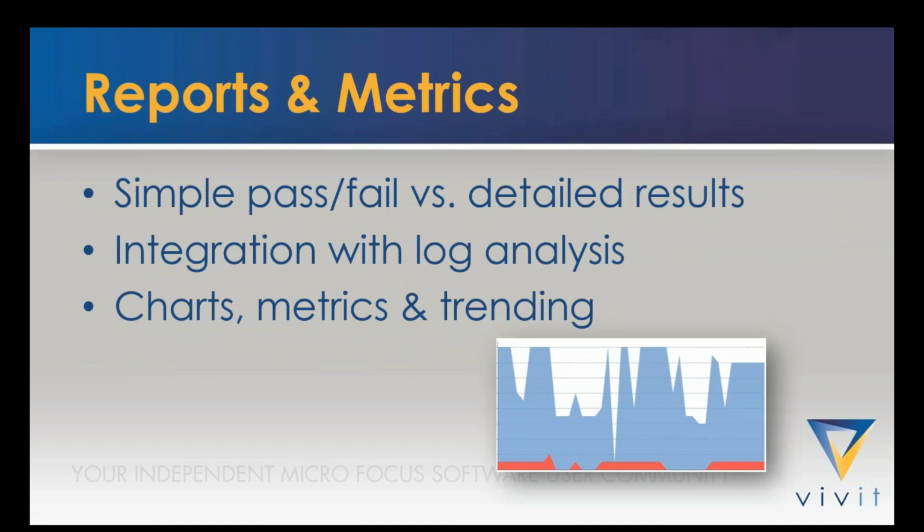So the final thing to mention, then we'll dive into the rest of the questions, is just reports and metrics. So it's not good enough for a test to run, but we need to make sure that the appropriate information is coming back to whatever that is. Simple pass-fail is likely going to be necessary for a CI tool like Jenkins or TFS build server, or there's another popular one out there, TeamCity, versus other things.